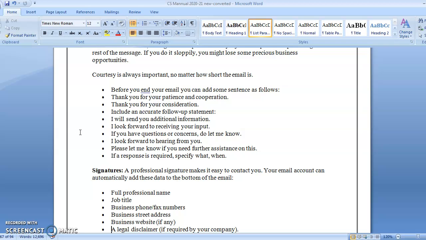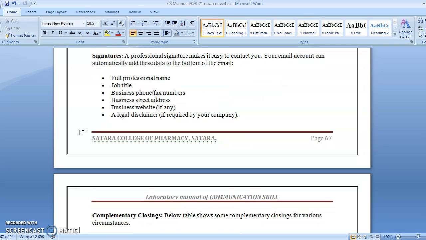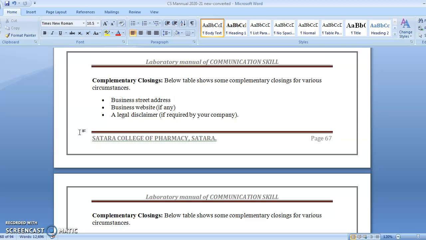Then the signature is the end part of the email. The signature will mention all the professional description or information of the sender, so the full name of the sender, job title, company address, company website, etc.